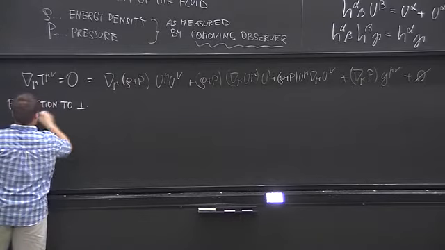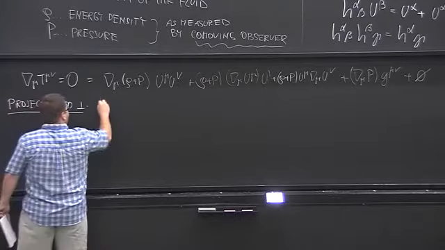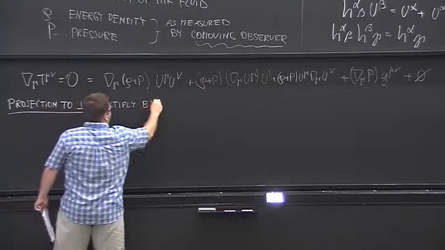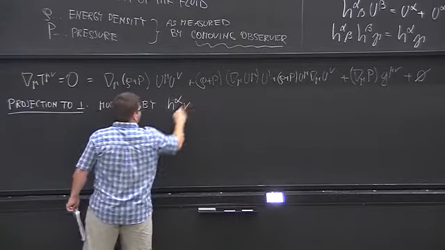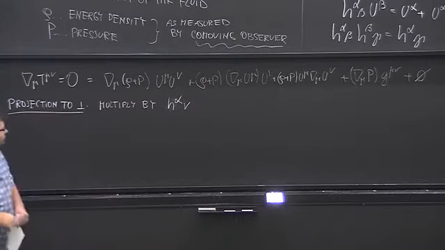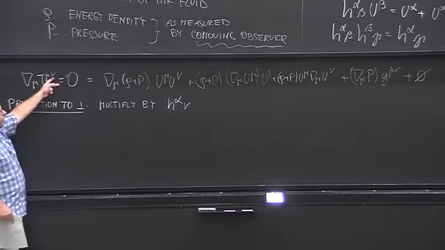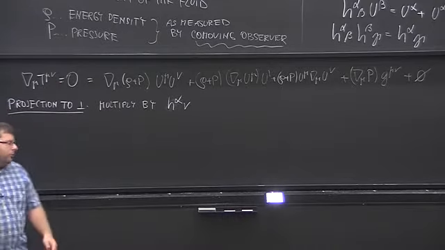So now let us first look at the projection of this to the perpendicular space. What it means is that I multiply this by h alpha nu. This thing has only one free index nu, and now I project this index to the perpendicular space via h alpha nu.